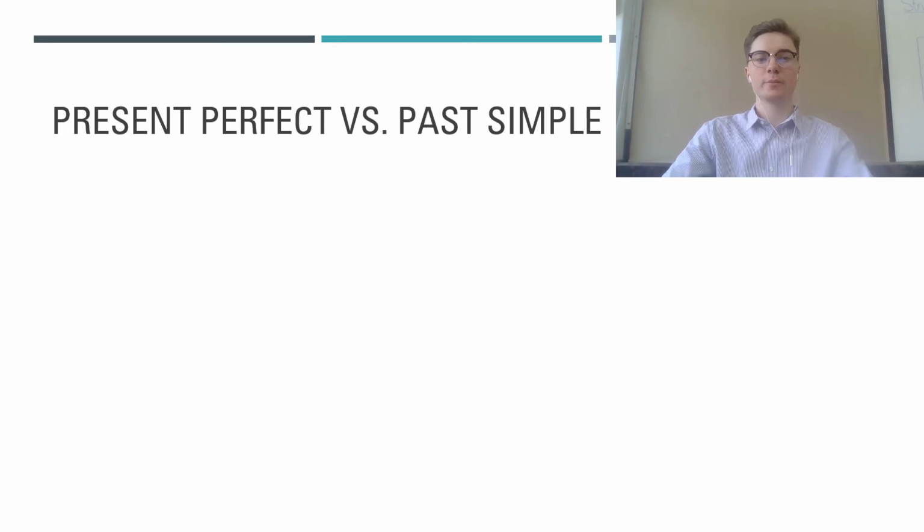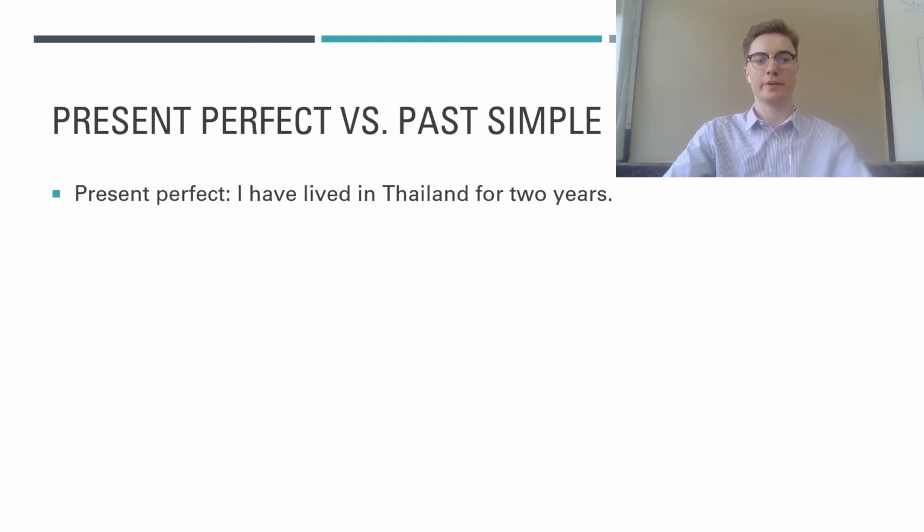The best way for me to show you how the present perfect tense is important is to compare it to the past simple tense. So let's start with present perfect. Here is a sentence about me. I have lived in Thailand for 2 years.